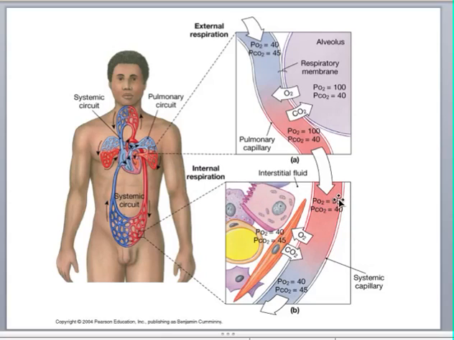So the PO2 is greater in the systemic capillary. So O2 is going to move into the tissues from greater to lesser. At the same time, these cells have been producing CO2 in cellular respiration. And now the PCO2 is 45 in the tissues, and the PCO2 in the blood in this area is 40.